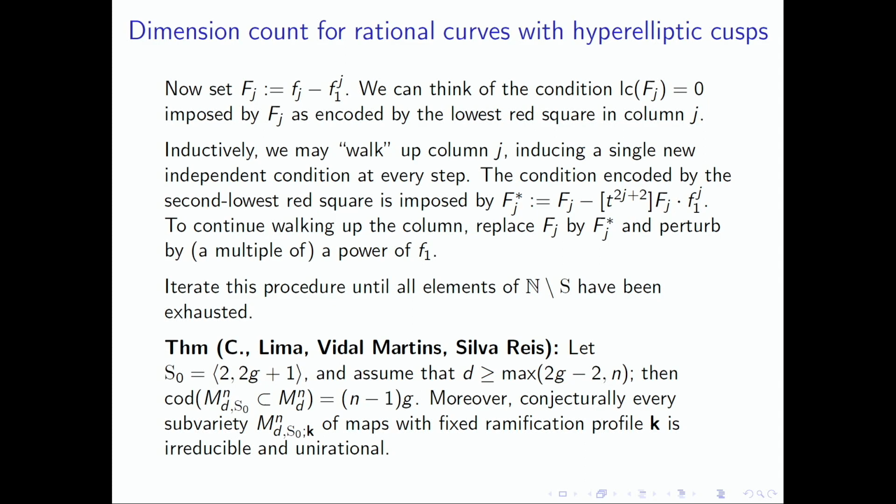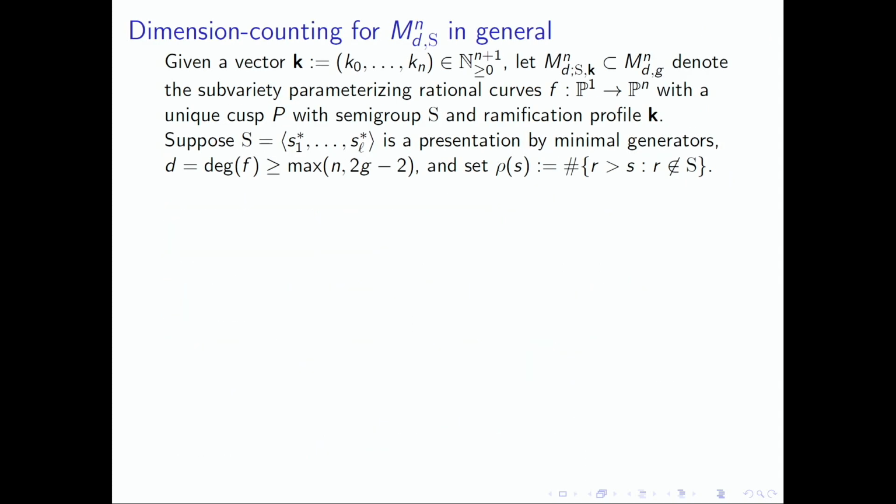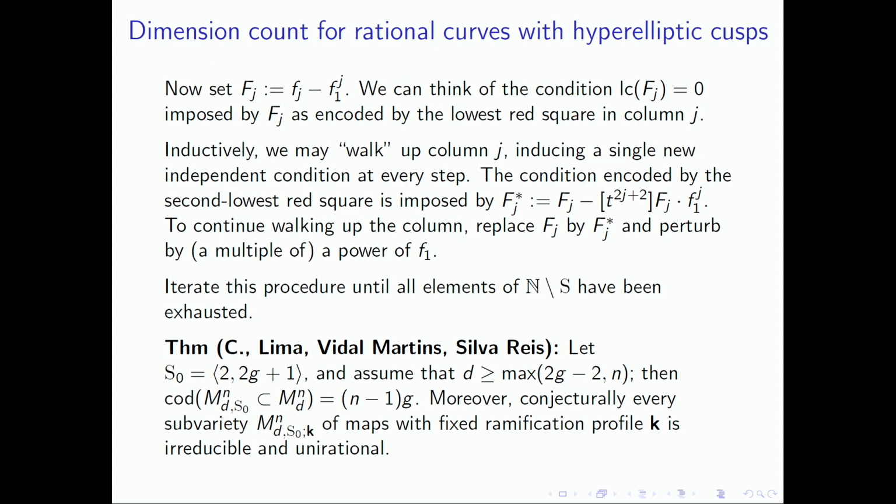So it's natural to wonder in what generality that phenomenon persists. And that unirationality is actually a direct outcome of our explicit encoding of these algebraic conditions.